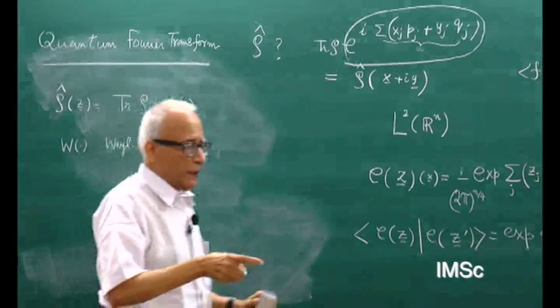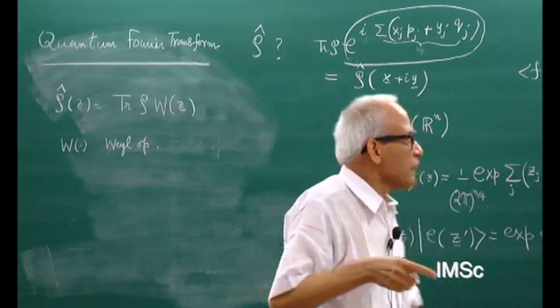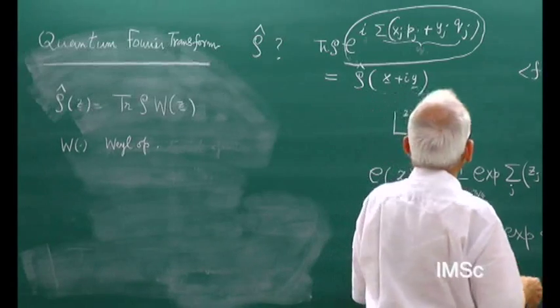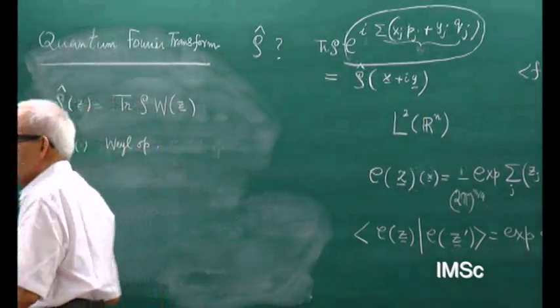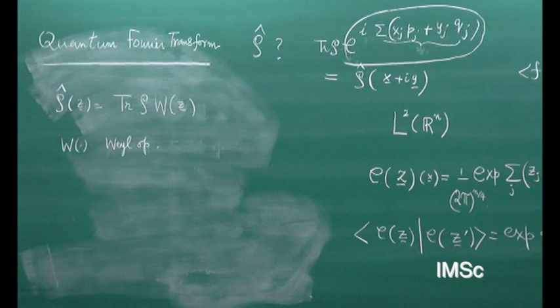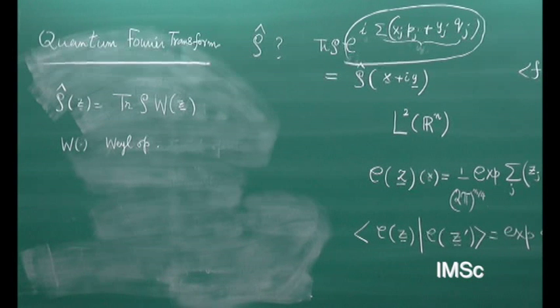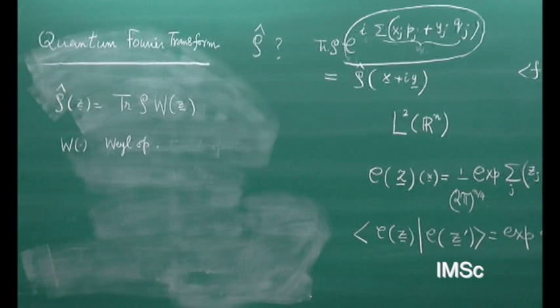The Weyl operators, they are not like exponentials, they are like exponentials modulo a twist. This is what you should remember. And so, correspondingly the whole theory of Fourier transform also undergoes a corresponding twist, right.